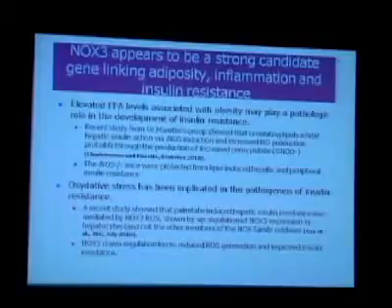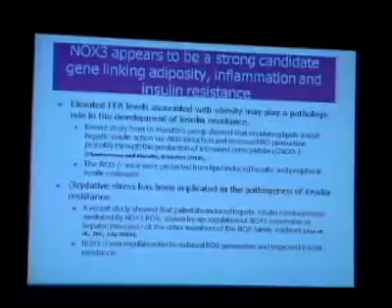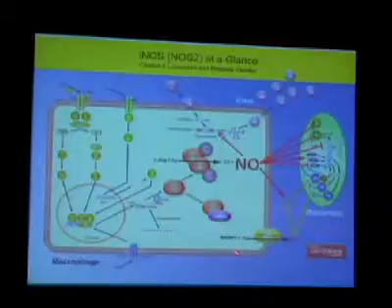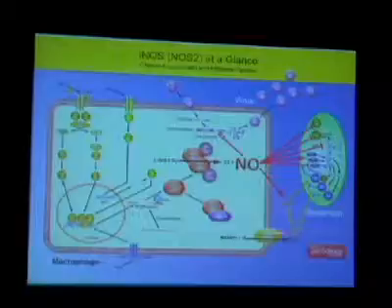And they were able to show that NOX3 downregulation led to a reduced ROS generation and improved insulin resistance. So it appears that these enzymes produce the superoxide anion, and you have here the iNOS, which produces nitric oxide.